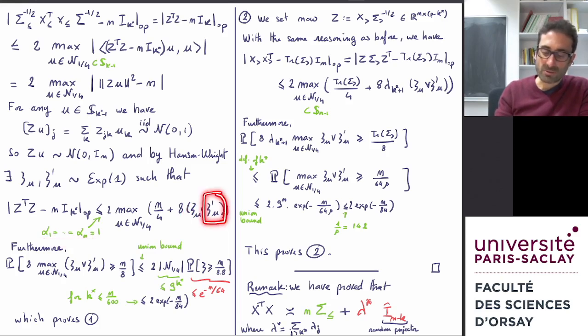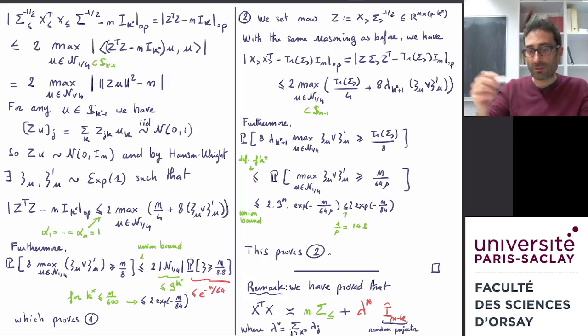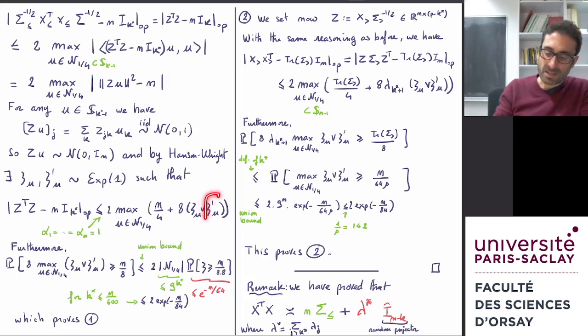And this one will correspond to the lower bound on this quantity, because here I have an absolute value, so I need an upper and a lower bound. And I will have another exponential random variable. So what you see is that you have an upper bound where you have a maximum of something that does not depend on u, and here you have the maximum of two random variables with exponential distribution of parameter 1. And these random variables depend on u.